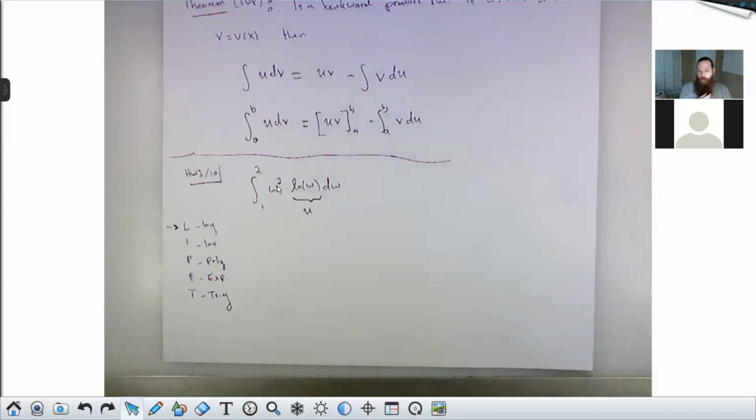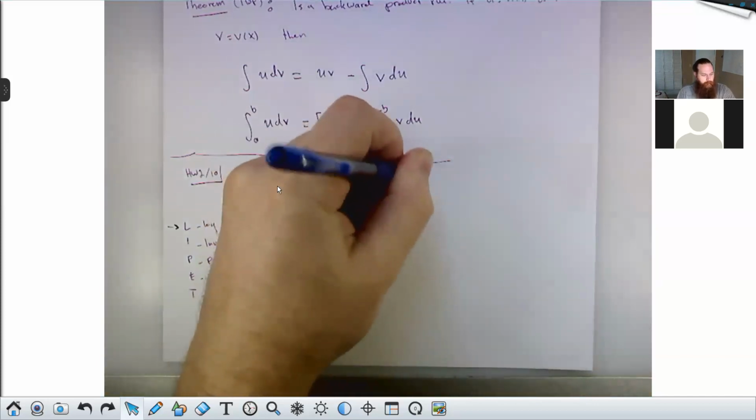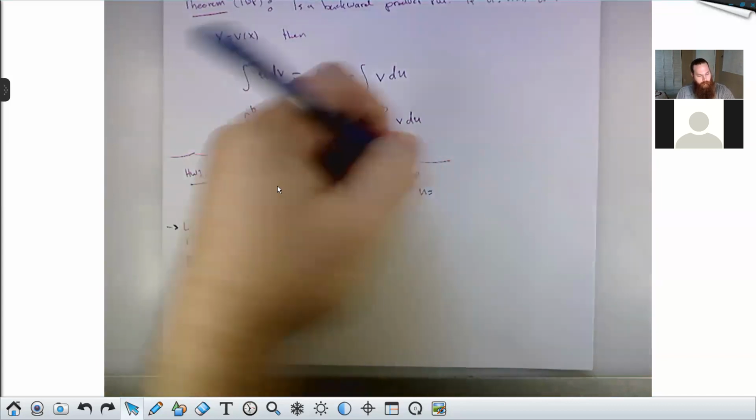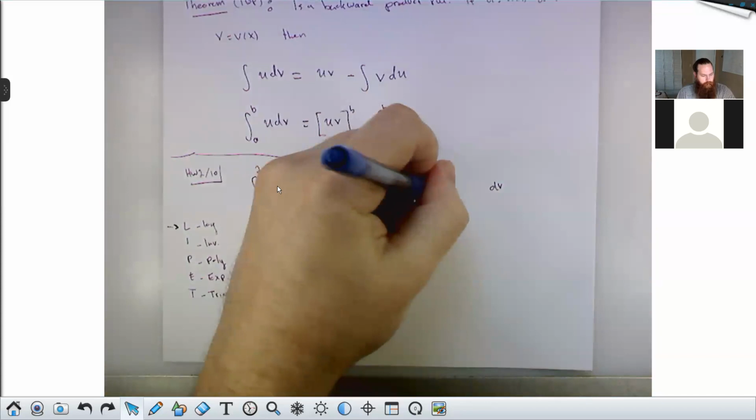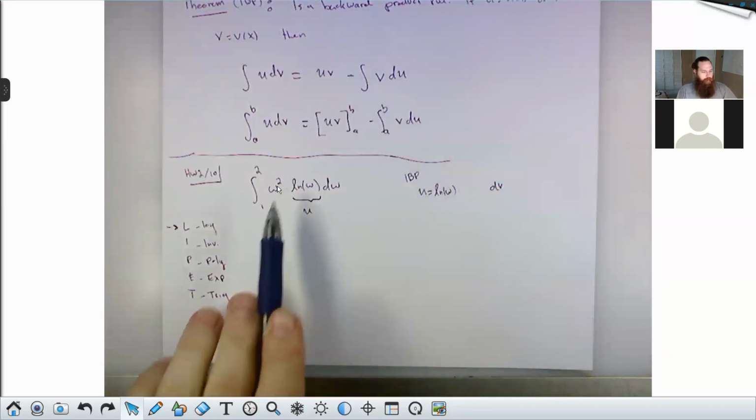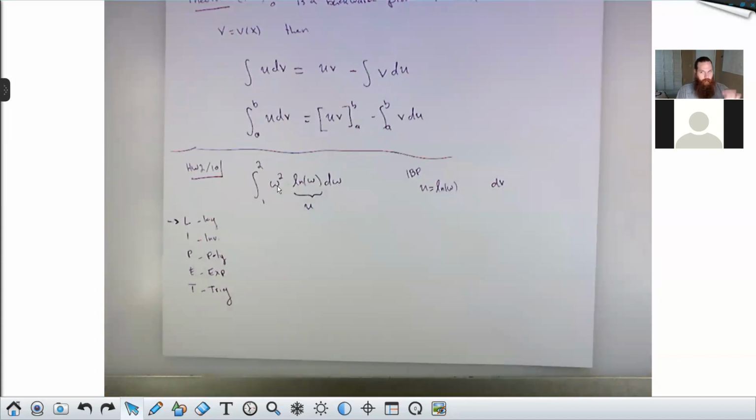That's how that LIPET rule works. It's very convenient. So I'll fill out my IBP table. u is going to be the natural log of w. And that means dv has to be w squared times dw, everything else.